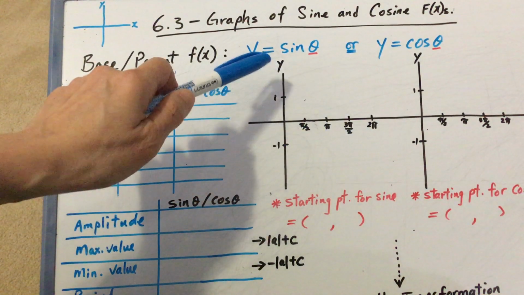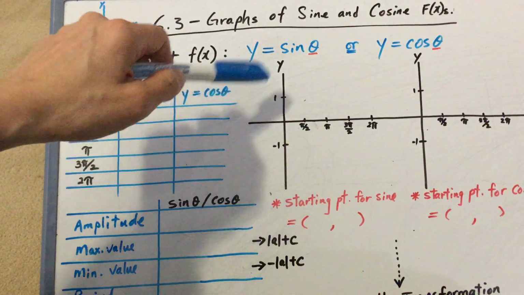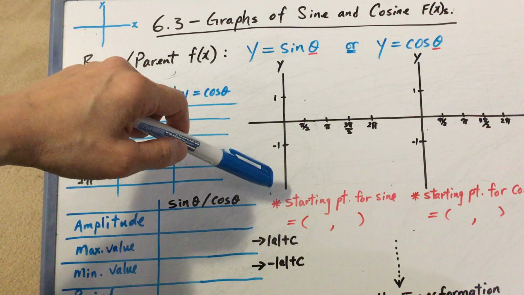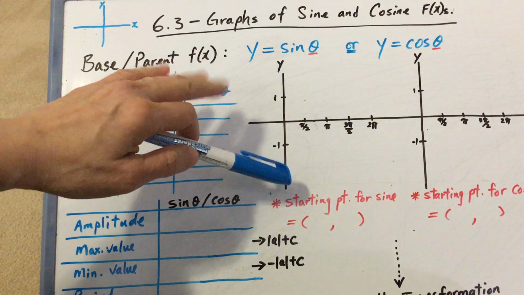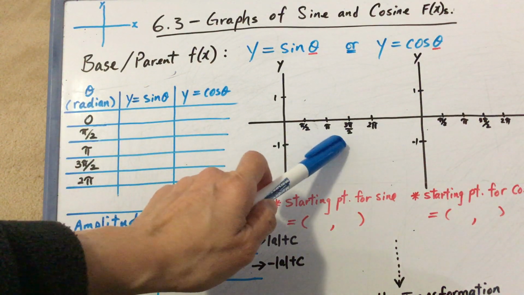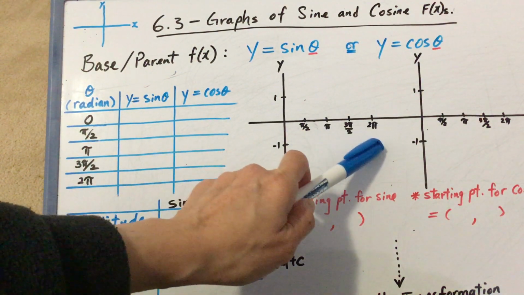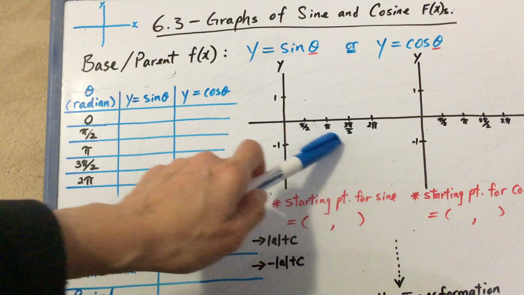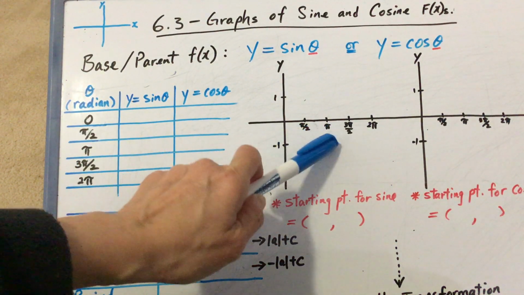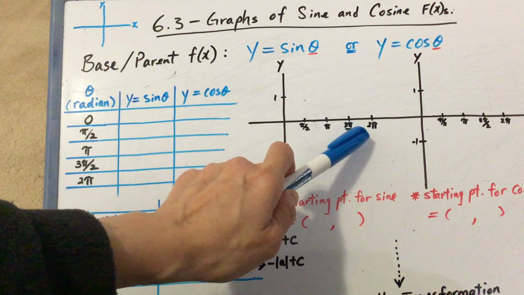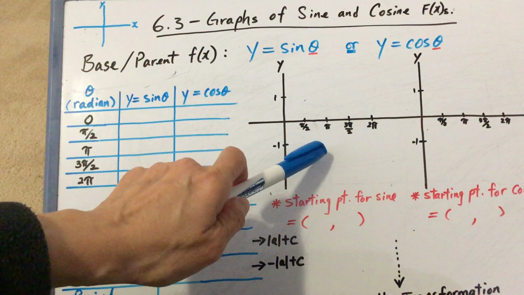But when it comes to the graphs of the sine and the cosine for this unit, on your graph, everything has to be labeled on the x-axis. The degree is no longer there. So everything has to be in radian exact form. We don't even use the radian approximate form.